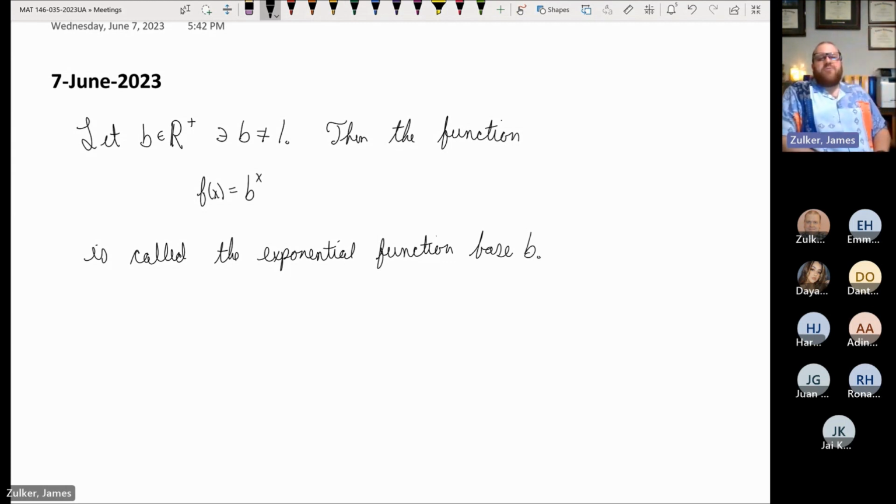The function b raised to the x is called the exponential function base b.